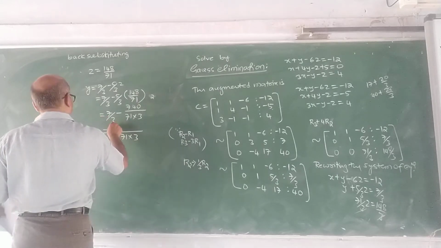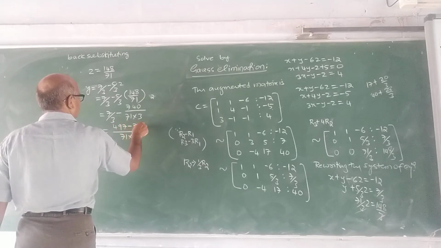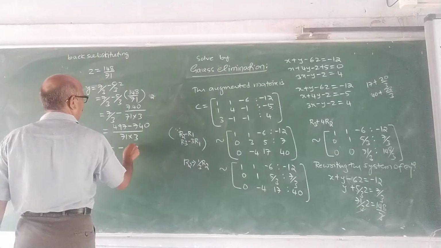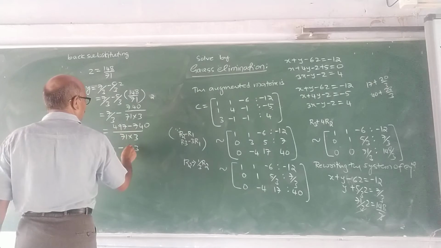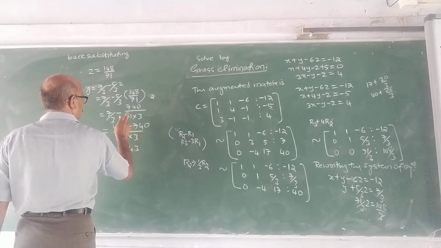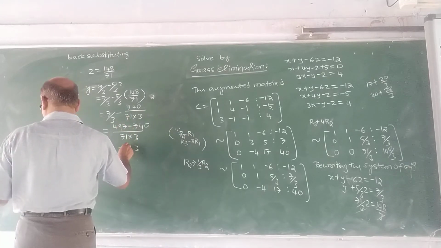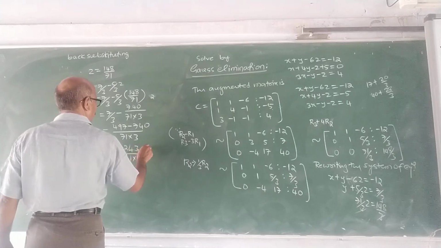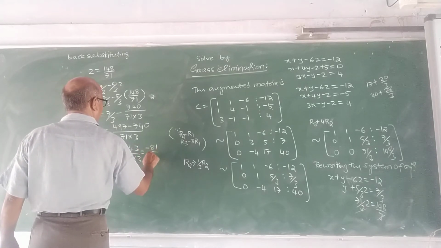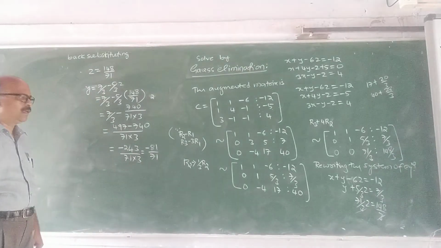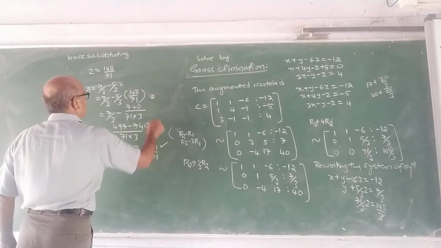What is 71 into 7? 497 minus 740. So it is minus 243 by 71 into 3, which is minus 81 by 71. Is it correct? y is minus 81 by 71. This is the value of y, this is z.